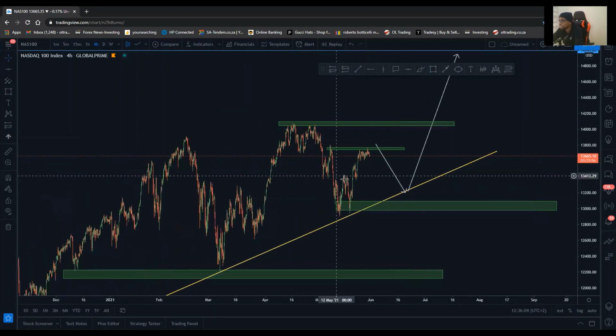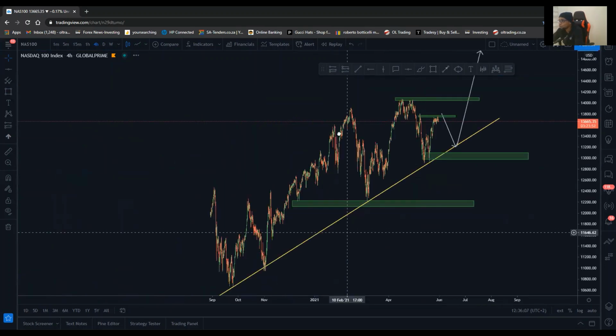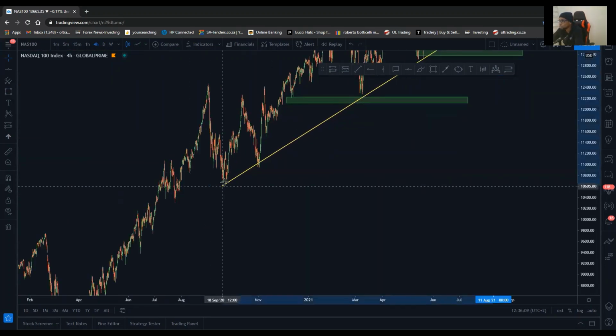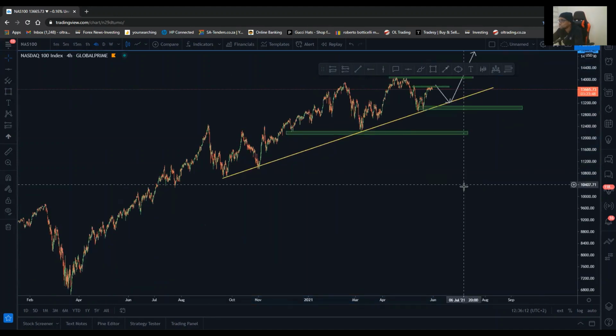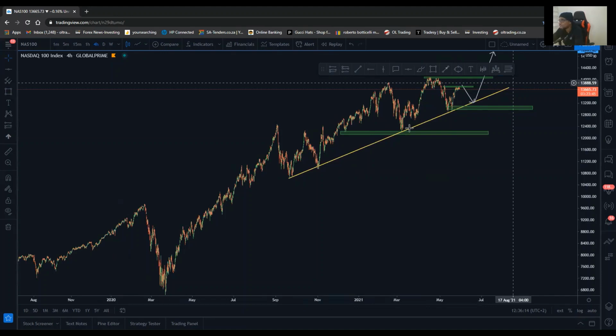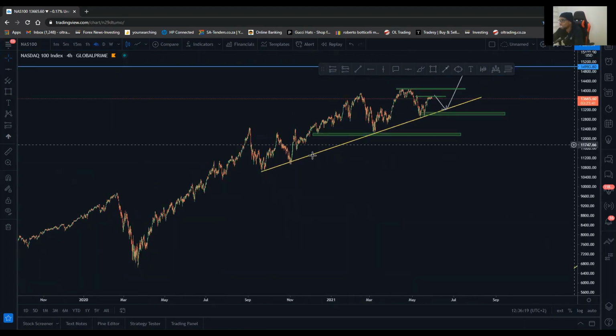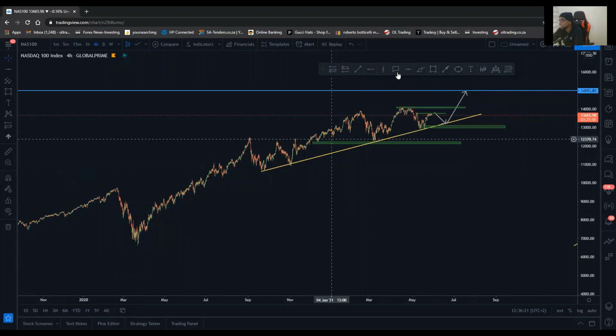And when we are having this type of rejection, you need to be aware of your significant zones, because we can see price is bouncing around this level. It's bouncing, so it's at most rejecting this level here, this level here.